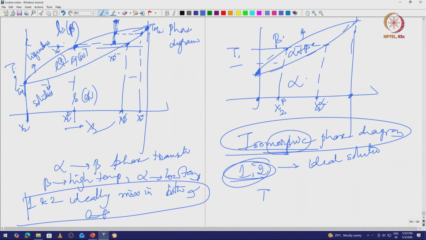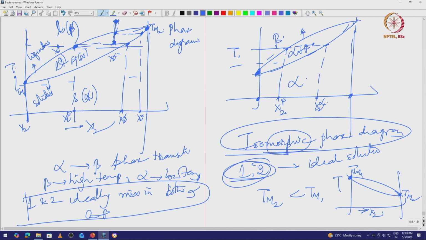Now if Tm2 is less than Tm1, then this phase diagram shifts like this. So you can just see that this is temperature versus x2, and the phase diagram is just going to be like this. So here this is Tm1 and this is Tm2, it does not matter. It is whether you tilt the phase diagram that side or this side.